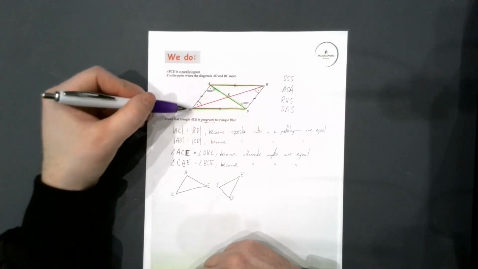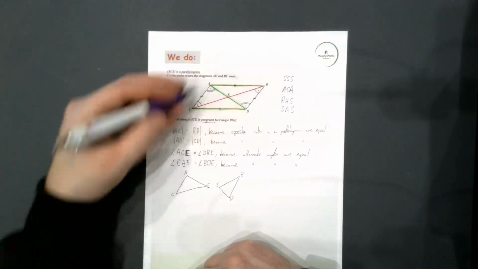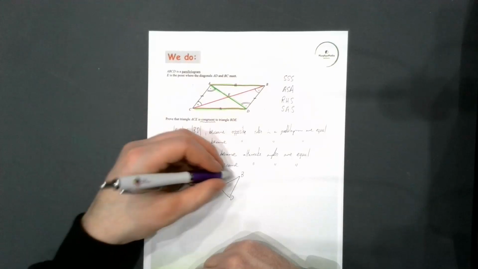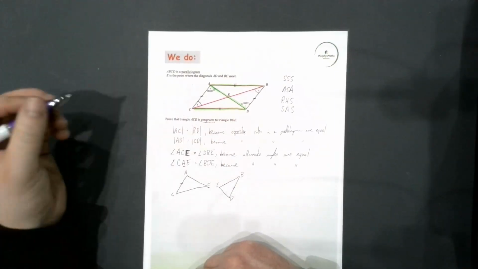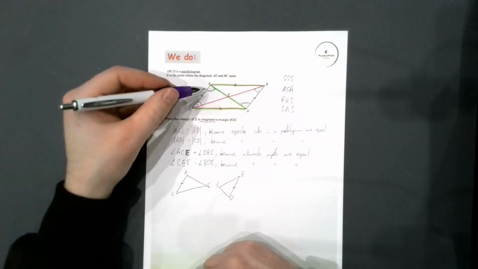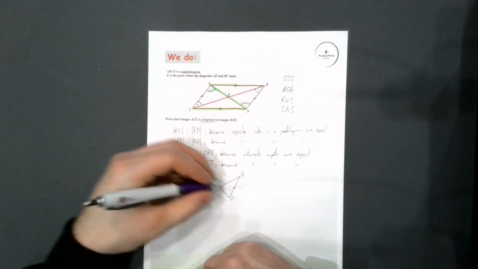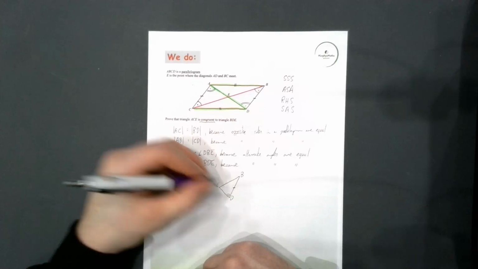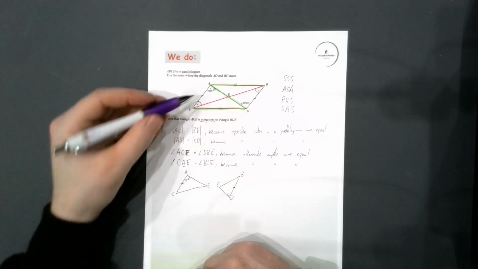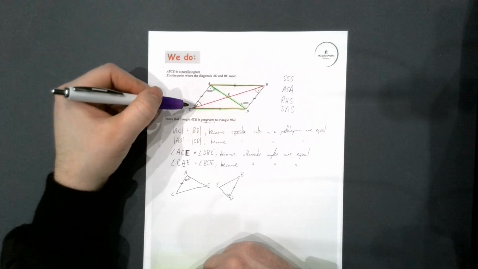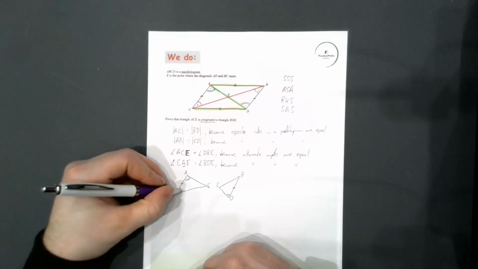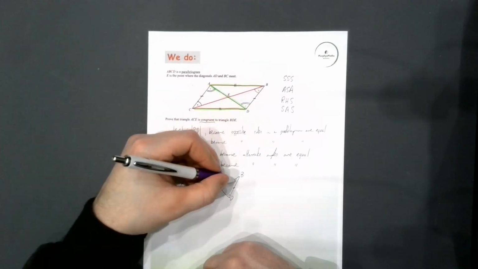We know that AC is the same as BD, and we've already stated that and said why. So those two are equal. If you look now, this angle up here at A is the same as the angle down here at D. And the angle at C is exactly the same as the angle at B.